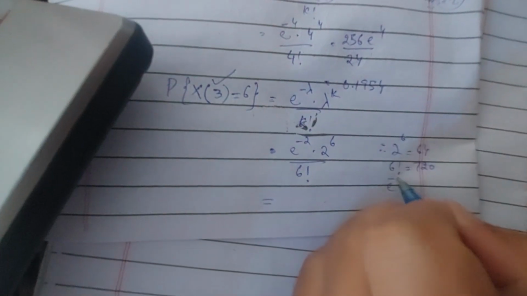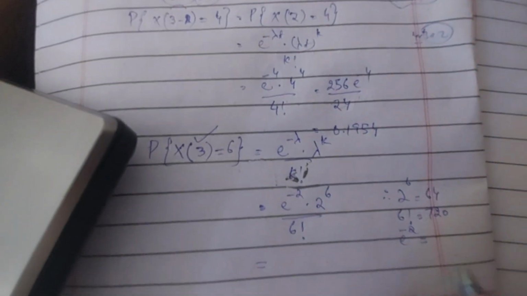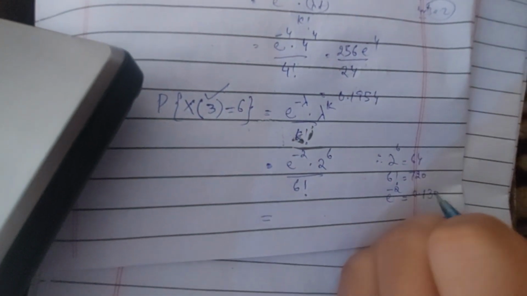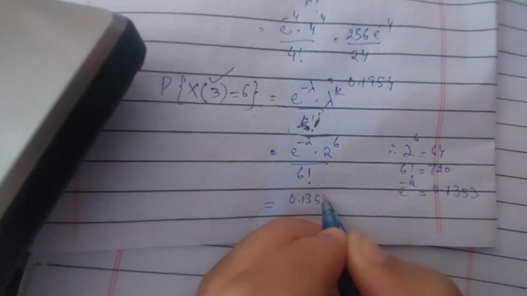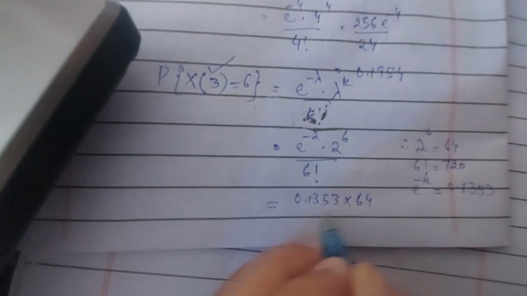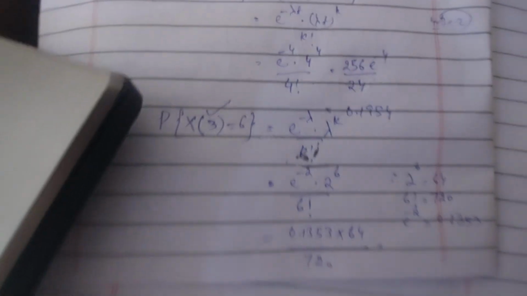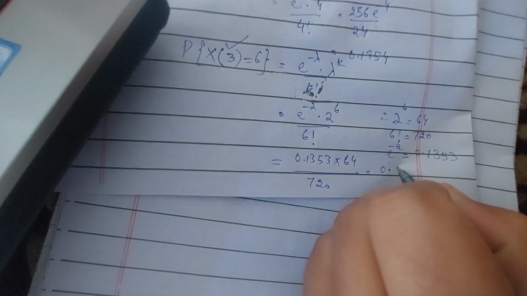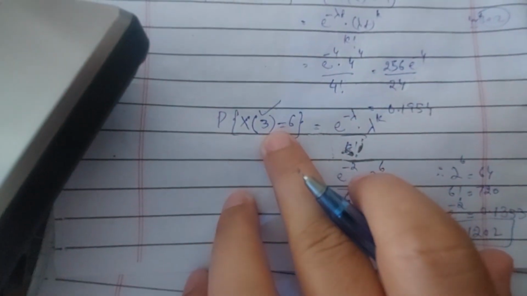And e raised to power minus 2 is equal to 0.1353. So putting the values, 0.1353 multiplied by 64 divided by 720 gives us 0.01202. This is the value that we found for this denominator.